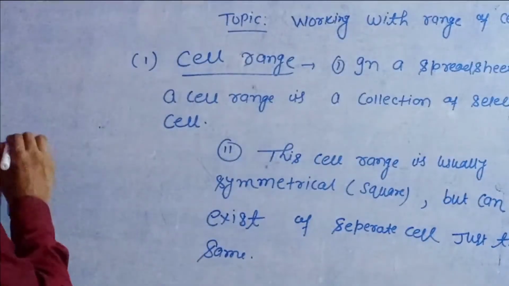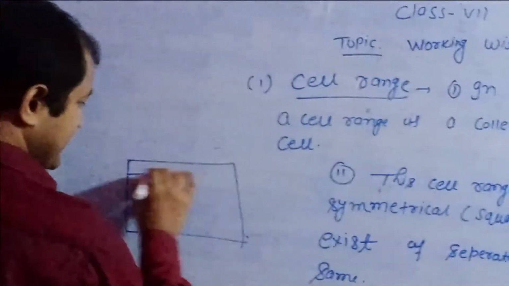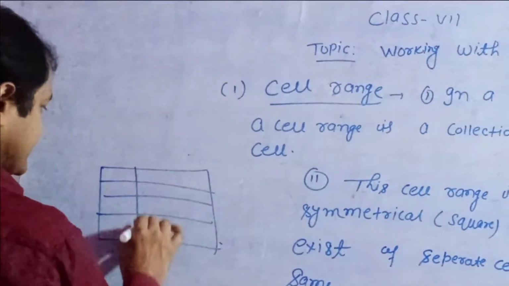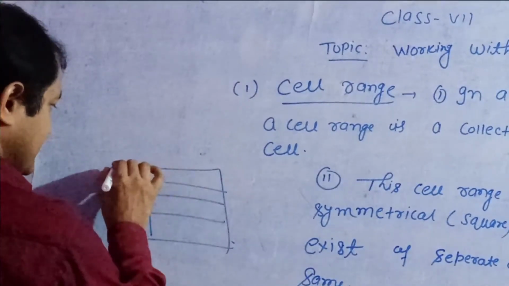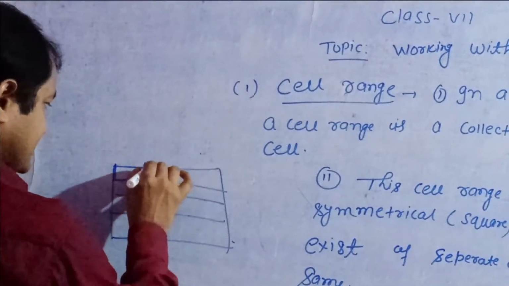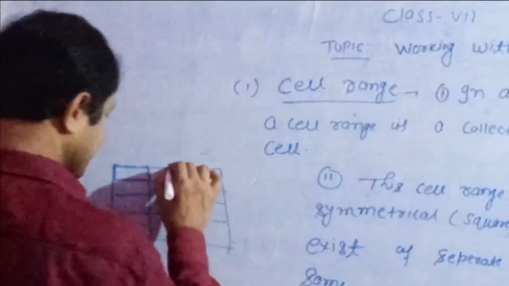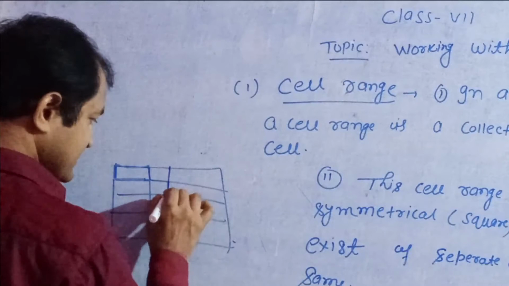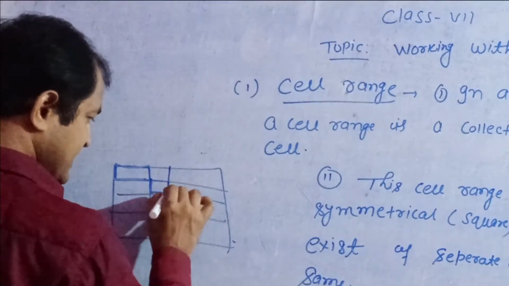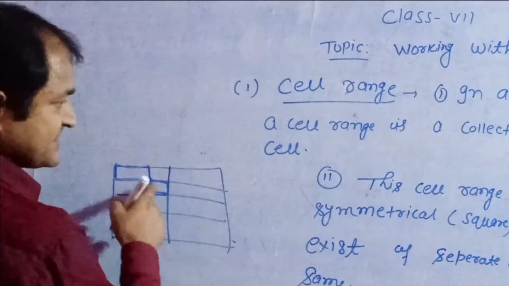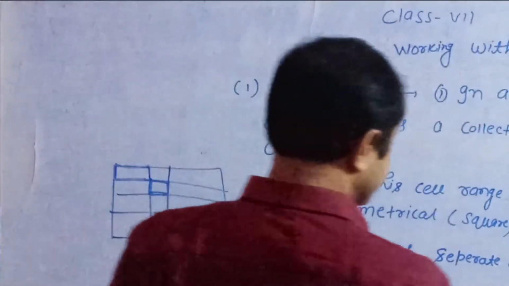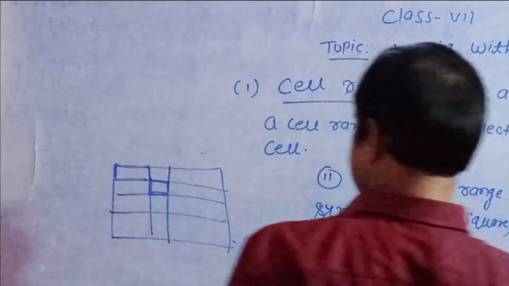This is the Excel worksheet. This is the Excel spreadsheet, and this is the cell. This cell is a rectangular box, and this is the cell range. This is the square. This is symmetrical, but it can consist of separate cells just the same.